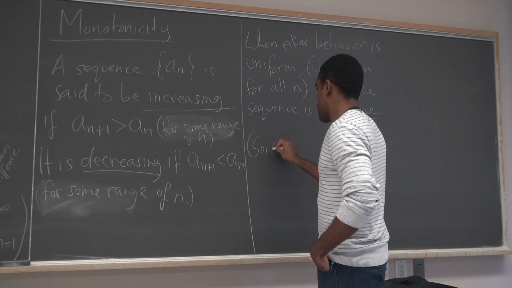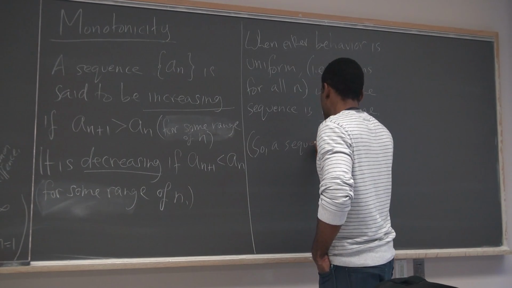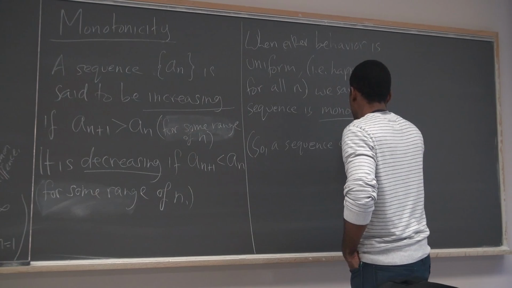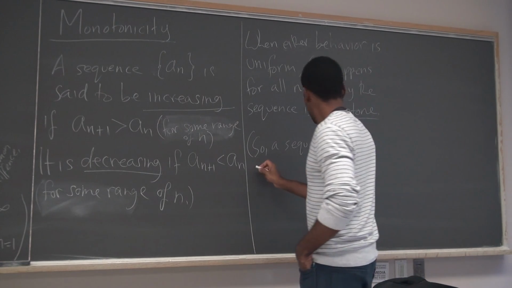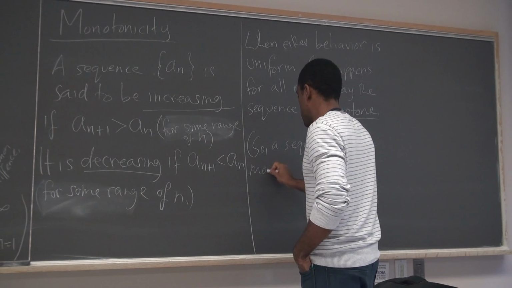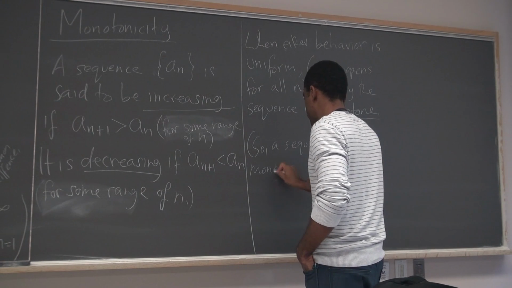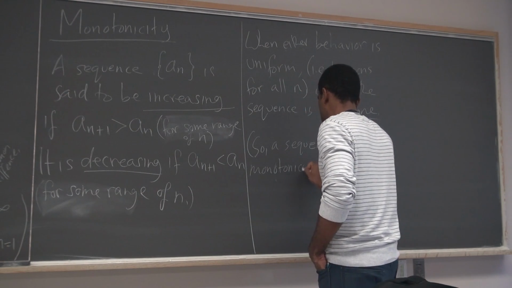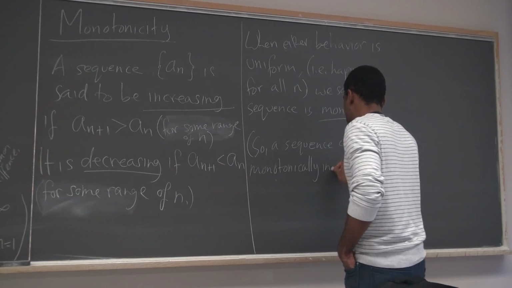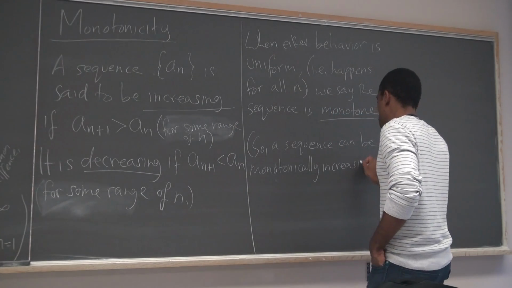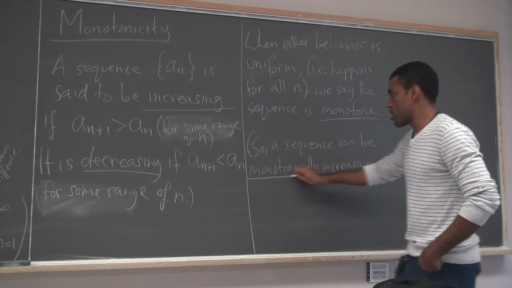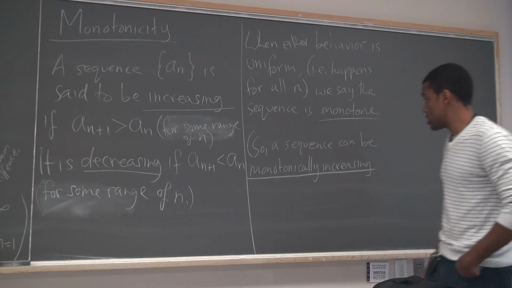So a sequence can be monotonically increasing, which means it's always increasing. The terms keep getting bigger and bigger and this behavior does not change.